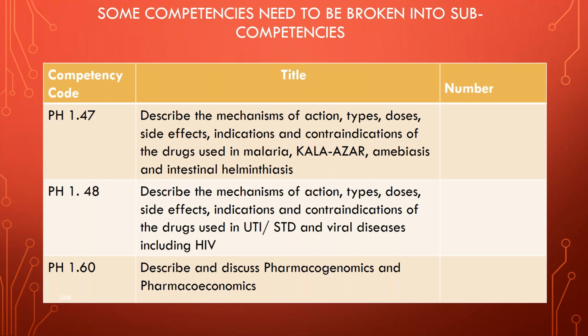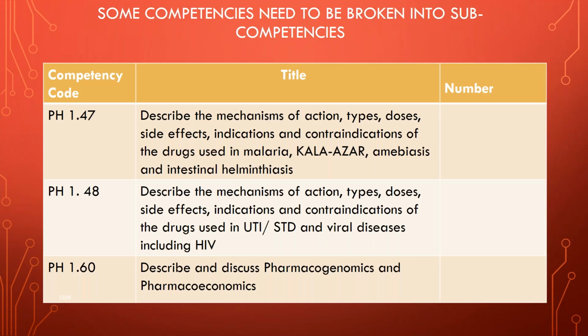Therefore, they must be divided. HIV is quite an important subject today, and its SLOs have to be according to the needs required as a core subject. PH 1.6 is pharmacogenomics and pharmacoeconomics. Genomics would perhaps be drug metabolism. This could have been taken there, or developed as a separate competency or sub-competency, and SLOs from pharmacoeconomics.